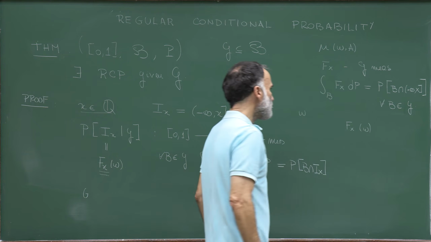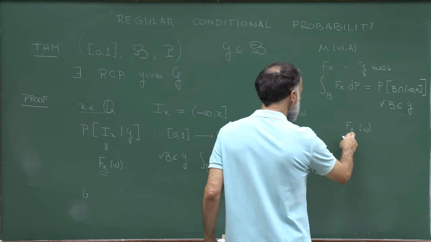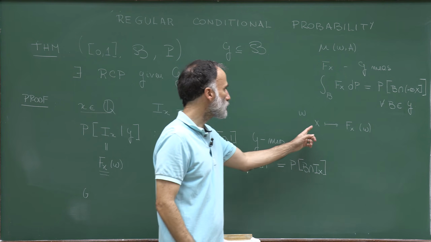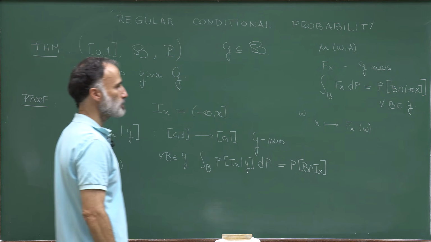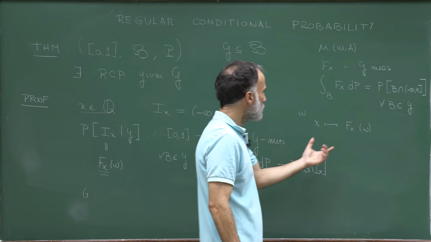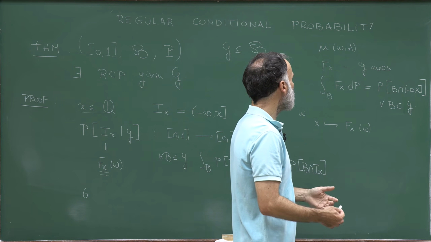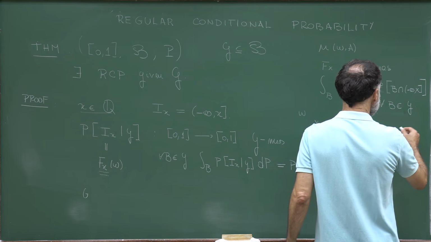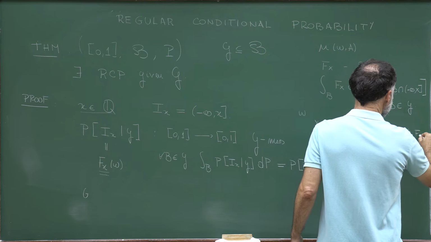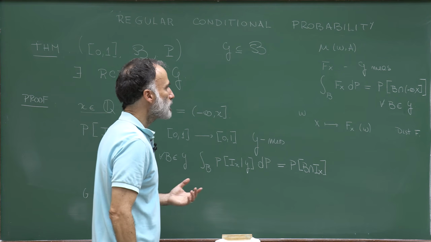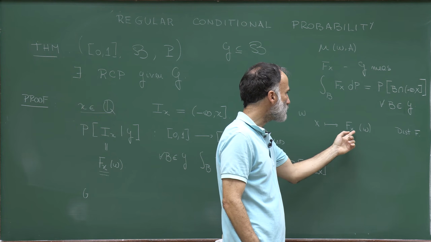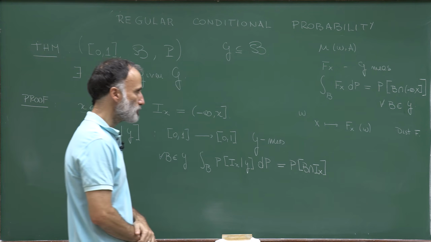We will fix that omega, and start to consider the function which associates to x this value fx. What I claim is that this almost satisfies the conditions required to be a distribution function, which means that it's monotone in x, it converges to 1 at plus infinity, and it converges to 0 at minus infinity.